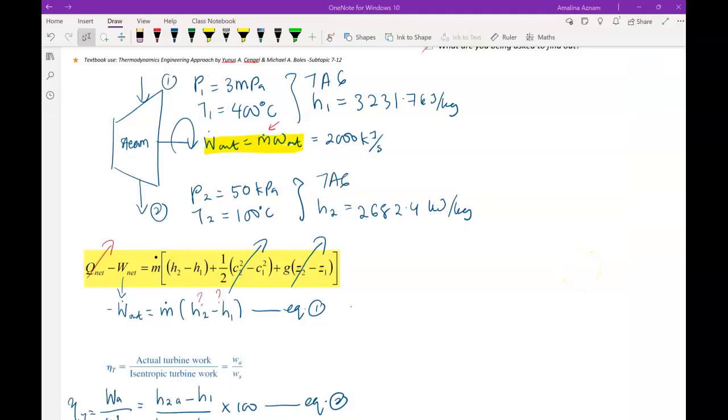So we have the values of your H1 and also your H2, but please note that because this is an actual process, your H2 is actually your H2A.